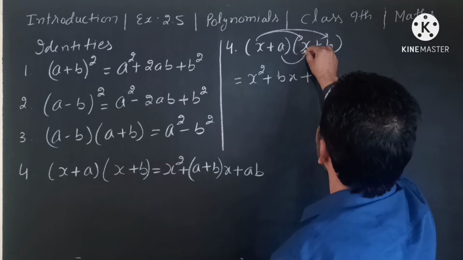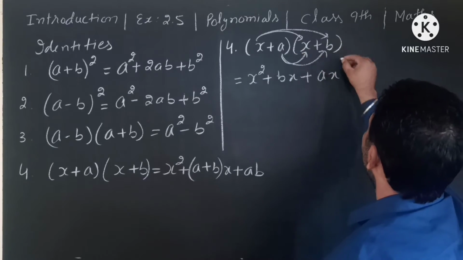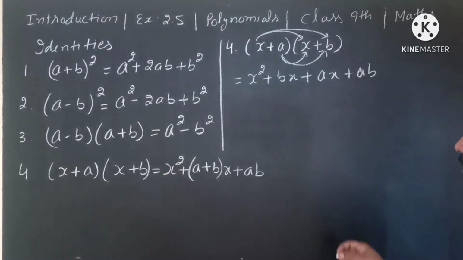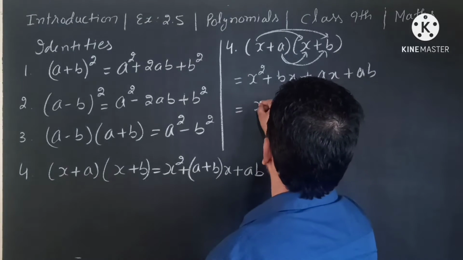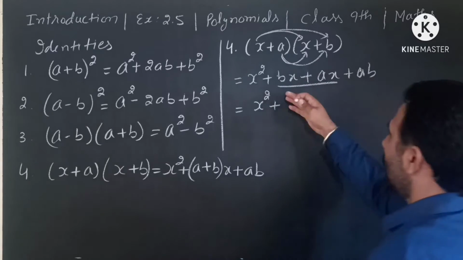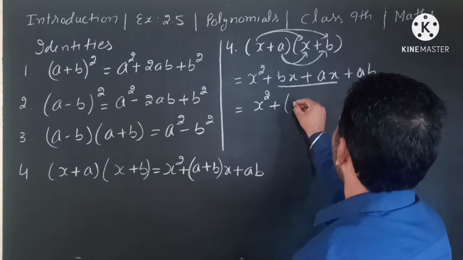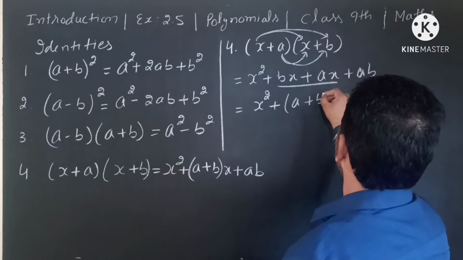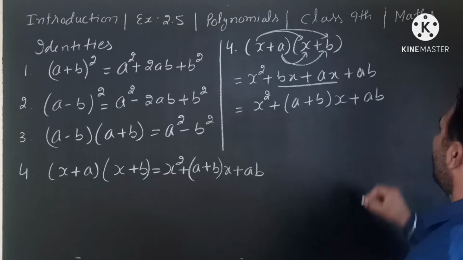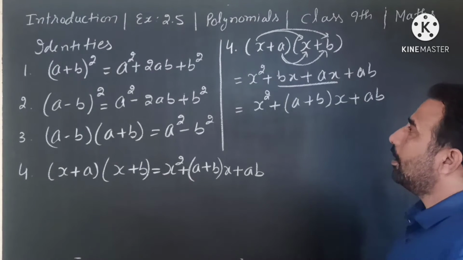After that, a multiply x is ax, and a multiply b is ab. Now, x². From these two terms we will take x as a common factor. So (a + b), x will come out, plus a multiply b. This is our fourth identity.